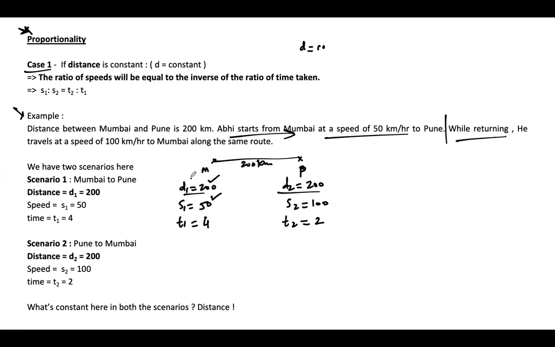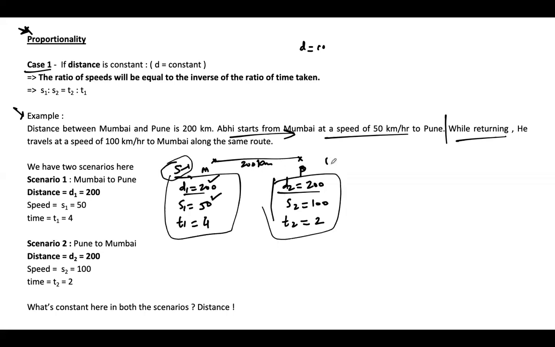Now, there are 2 scenarios. Abhi is traveling from Mumbai to Pune; that is scenario 1. Scenario 2 is when he's traveling from Pune to Mumbai. Distance is constant. Please check the ratio of speed. What is the ratio of speed? 50 is to 100, which is 1 is to 2.